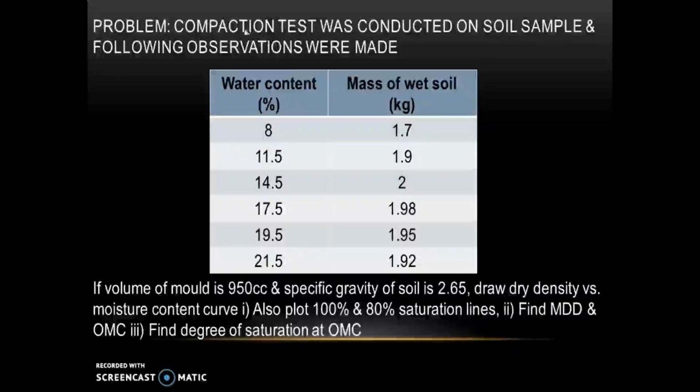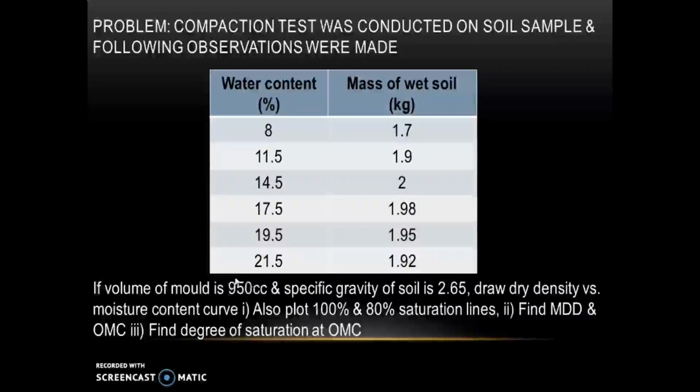Now we will go through a problem. A compaction test was conducted on a soil sample and the following observations were made. These are the values of water content in terms of percentage, and in this column we have the mass of wet soil in terms of kg.